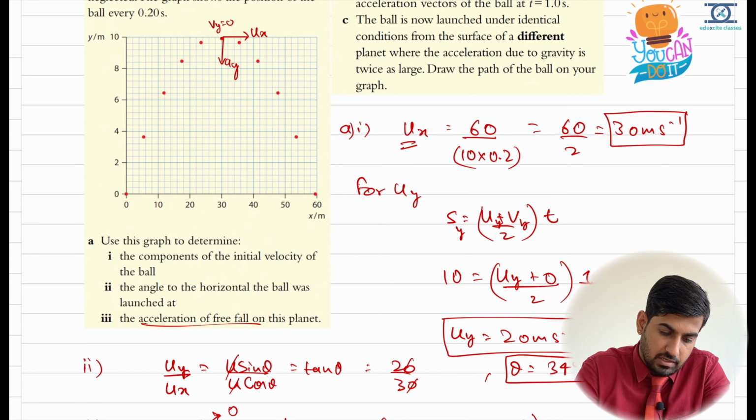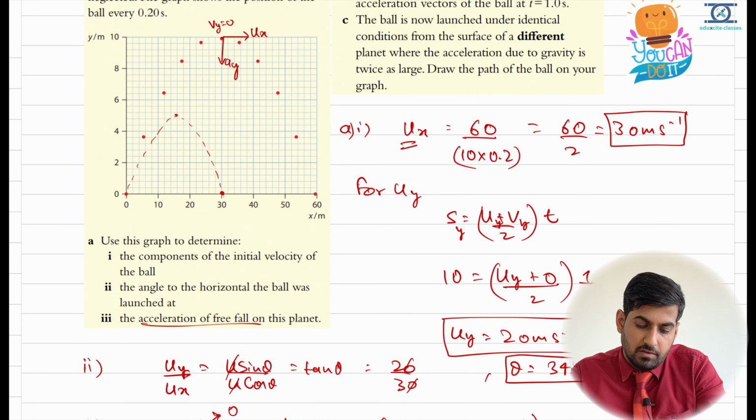You can do the calculation again, and the range will also change, so this will be 30 and this will be 5 somewhere here. The time will also be reduced, so the graph will look like this. I hope I am clear.